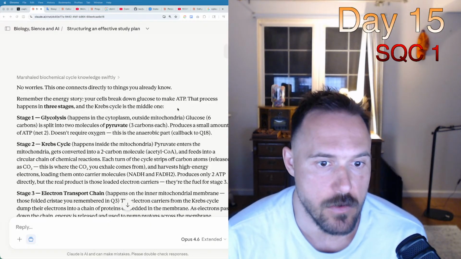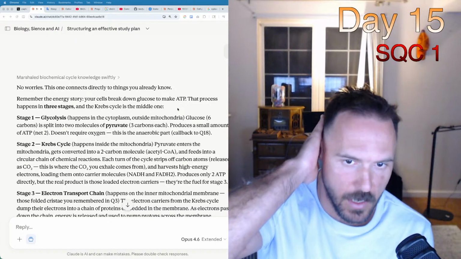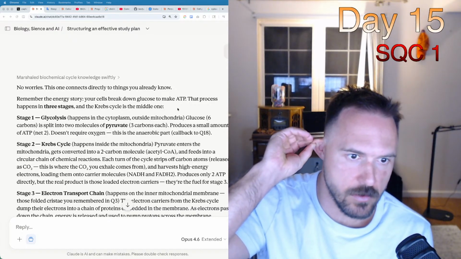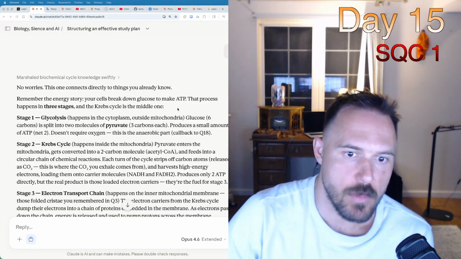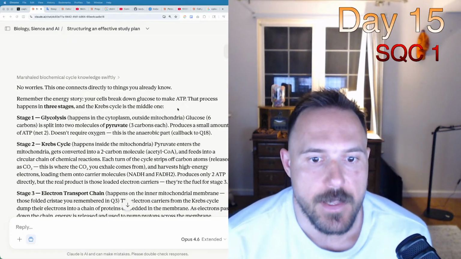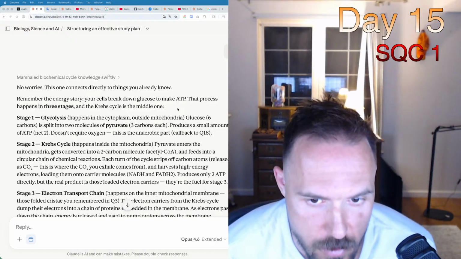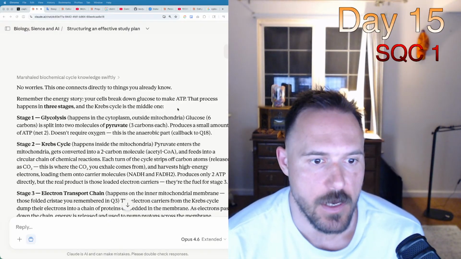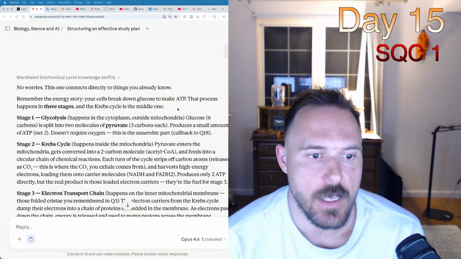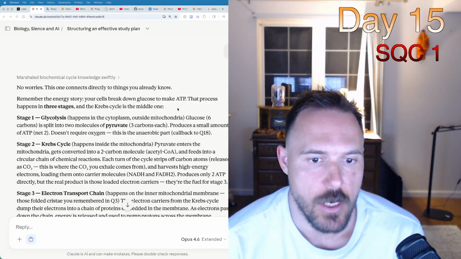This is where the CO2 you exhale comes from. It also harvests high-energy electrons, loading them into carrier molecules, NADH and FADH2, and produces only 2 ATP directly. Then the electron transport chain happens on the inner mitochondrial membrane.